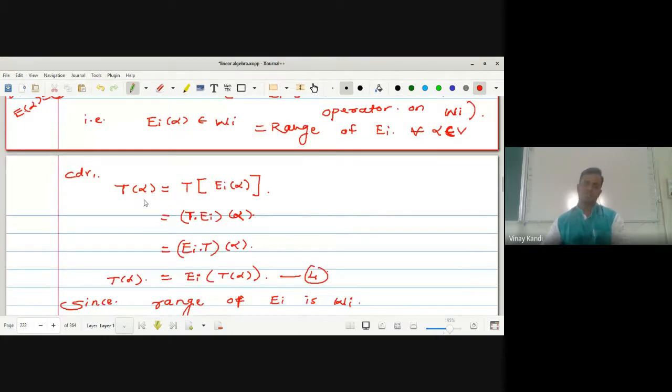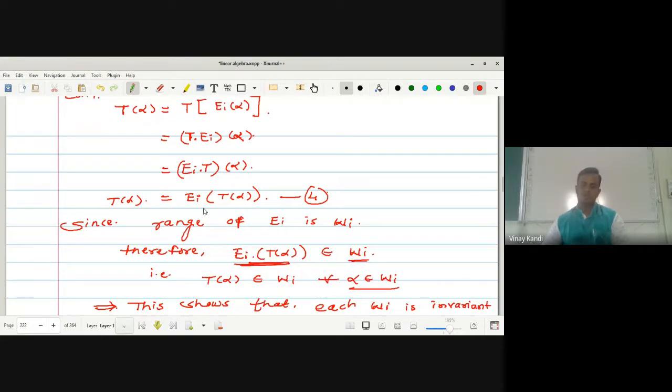Now consider T of alpha. T of alpha is equal to T into alpha, which is nothing but T of Ei of alpha. T commutes with each Ei, so this is Ei into T of alpha. So what is T of alpha here? Ei of T of alpha belongs to Wi. Why? Because range of Ei is Wi by the given statement.